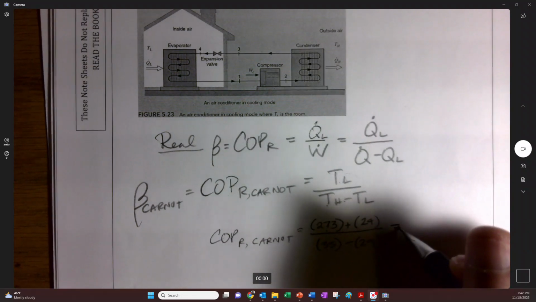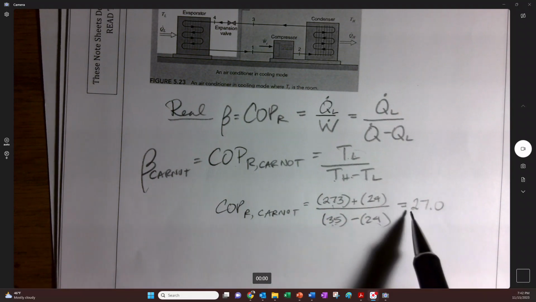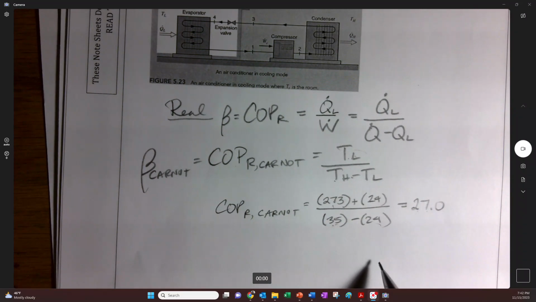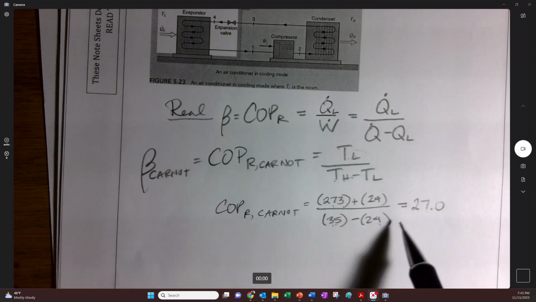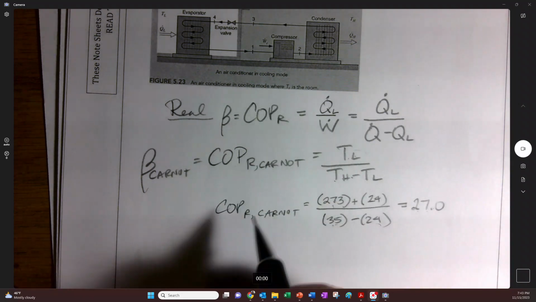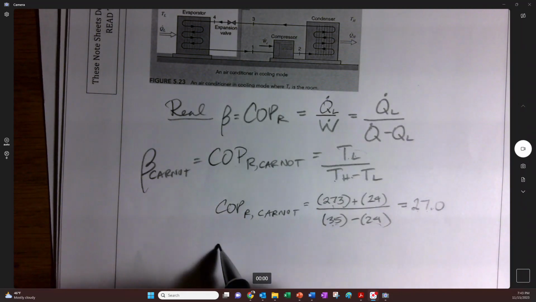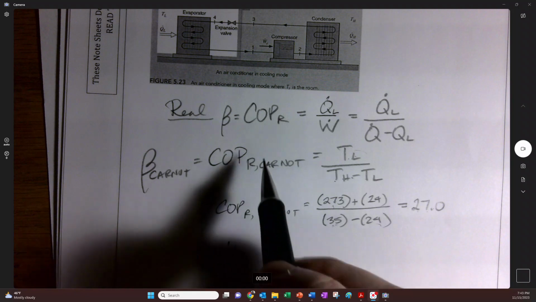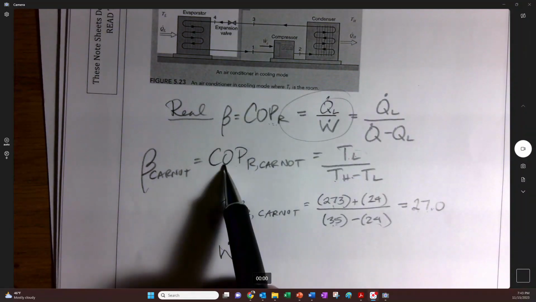So we get a very large number. But that's the possibility, right? To have a coefficient of performance that large. But now, what they're asking is how much power is needed, what is the lowest amount of power? We could write that out back up to here, because we could just equate these together, that one and that one.